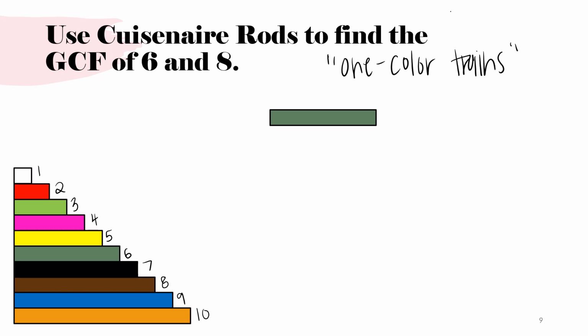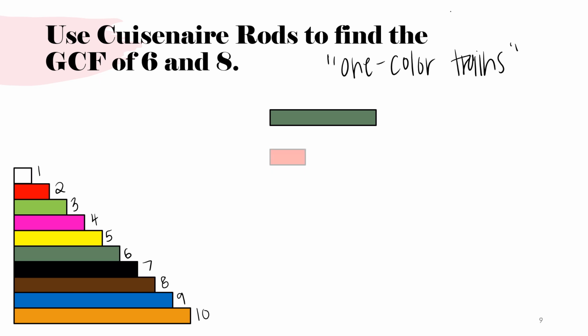We want to make the lengths match, and we want to take our dark green rod and represent it in a different way using these one color trains. Of course you could use 6 of the white rods, but we're going to skip over that one because we know that's going to work for every single number. Every single Cuisenaire rod can be made up of multiples of the white rod.